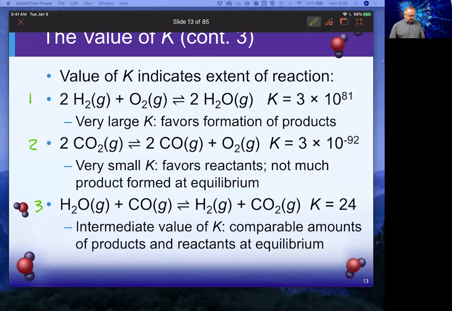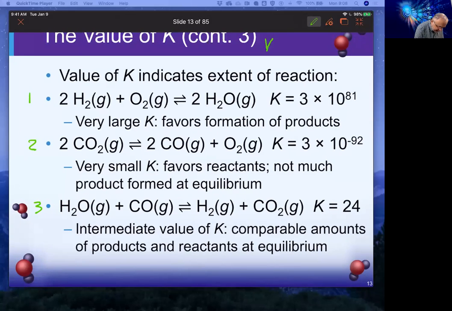That's a huge number, which means that this reaction is favoring the products, because K is equal to products over reactants. And being products over reactants, the products have to be very large with respect to the reactants to give me 10 to the 81. If Avogadro's number, 10 to the 23, is huge, this is unbelievably huge.